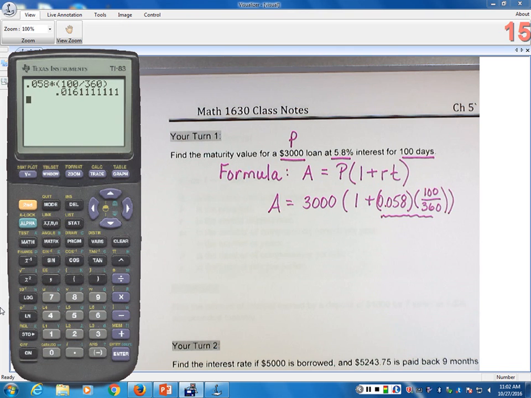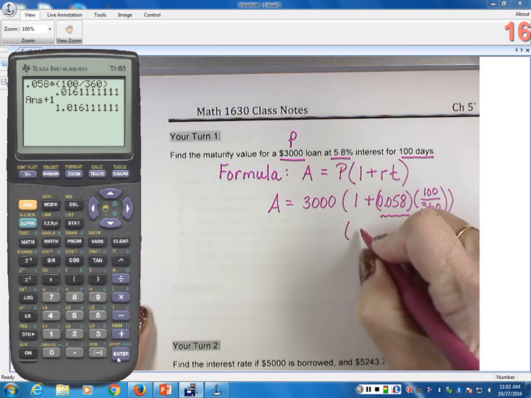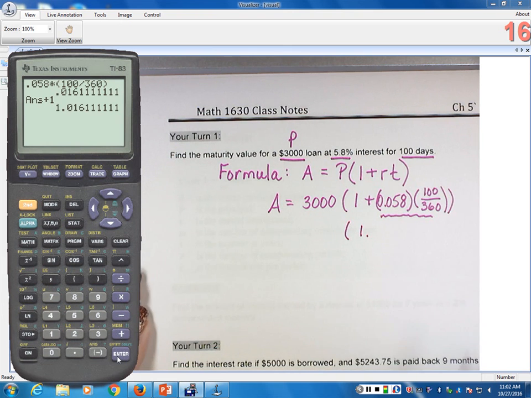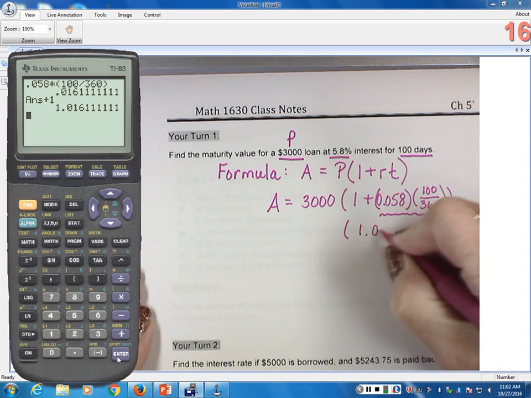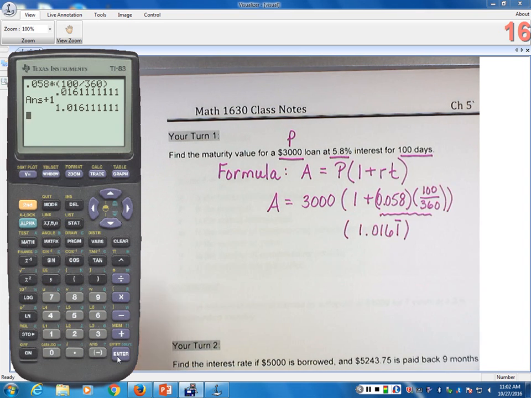So that part of the formula is .016111111, and I need to add 1 to it. So the part that's inside the parentheses is 1.016, 1 repeating, and the way that you can indicate that the 1 continues to repeat is just draw a little line over it.